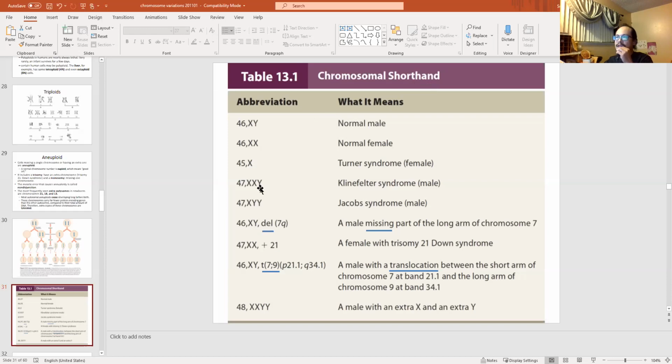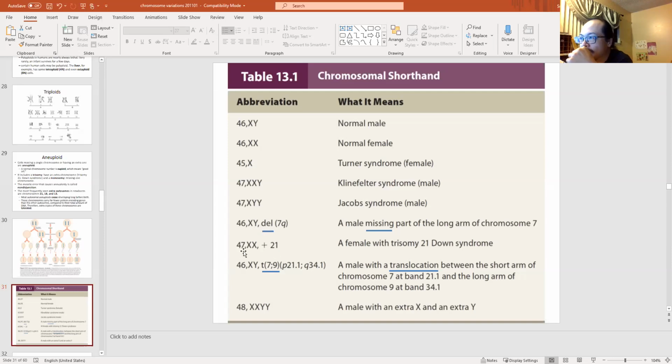This one has one extra, so you have 47, XYY. Now with 46, XY, with just this, you would think it's normal. To tell whether it's a lost or extra entire chromosome, take this one here.